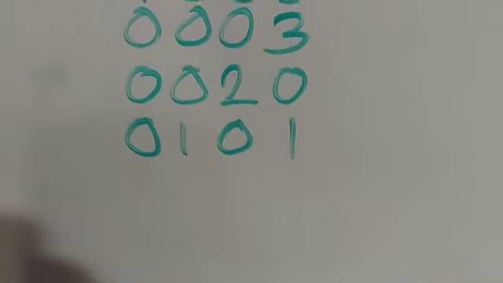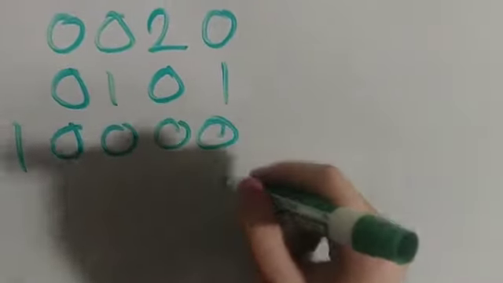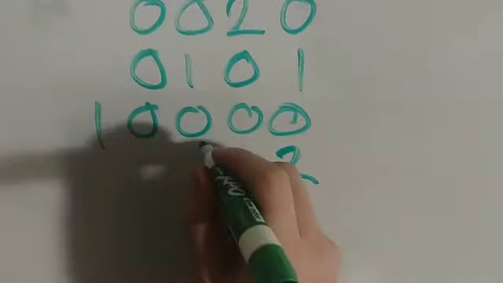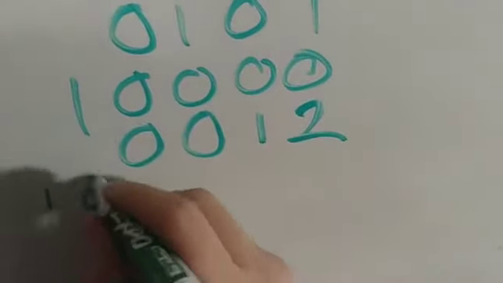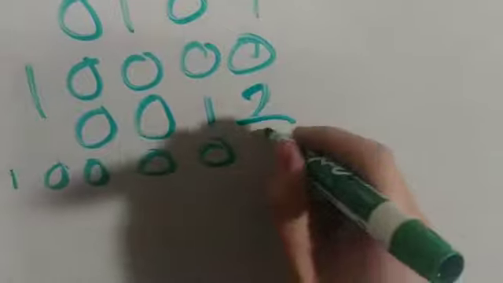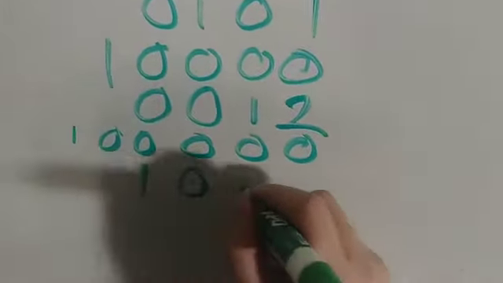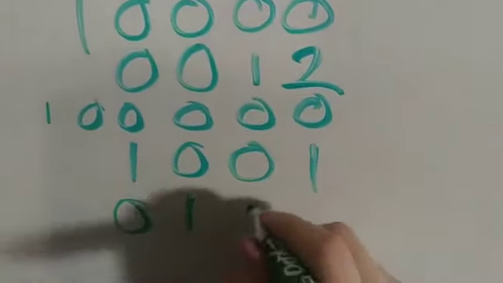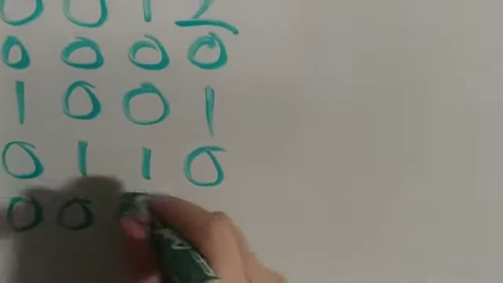11 is off the chart, but that's okay. 12 is 12, always. 13, again, off the chart. 14 is 1001. 15 is 0110. 16 is 0004.